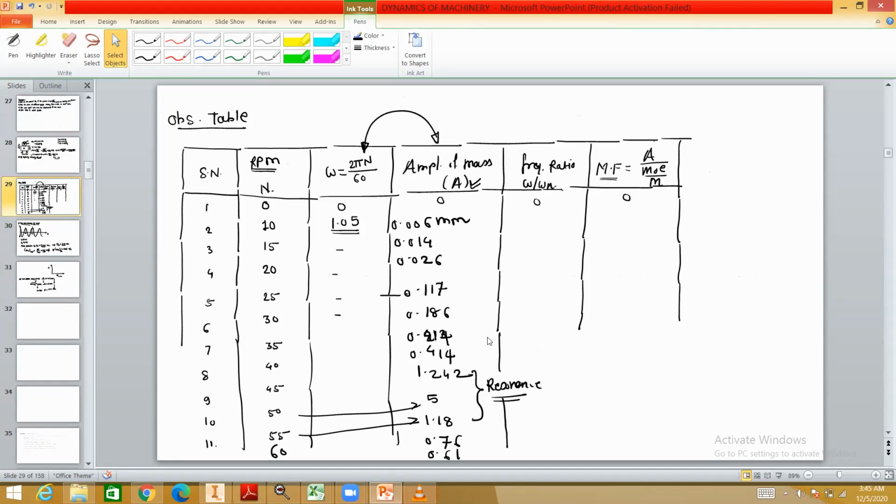Okay, so have you written this complete table? Just find out these values of omega. Okay, now on the graph paper, you will need one graph paper. So I will explain the procedure, and you can draw the graph afterwards.